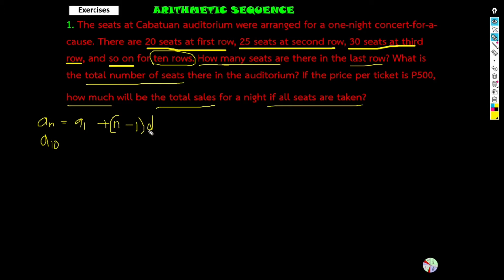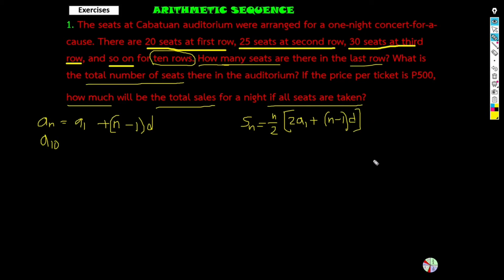Now, for the second question, what is the total number of seats there in the auditorium? We need to find out S sub n. Total number of seats, which is equals to S sub n is equals to n over 2 multiplied by the quantity 2 A sub 1 plus the quantity n minus 1 multiplied by d, close quantity.